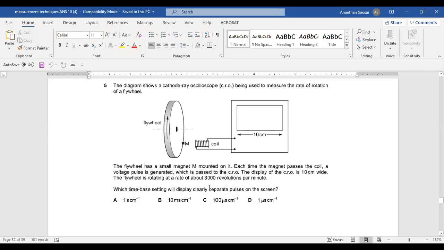So for C, in 10 centimeters you can't even see one full cycle, you might see 20 or 30% of the cycle. So you can't measure the period. C is totally out. D is even worse. So the answer is B.